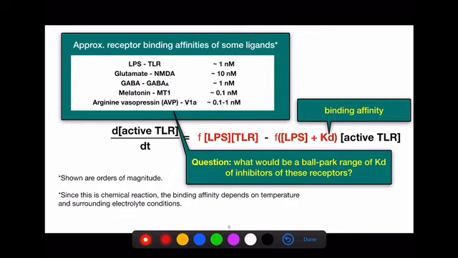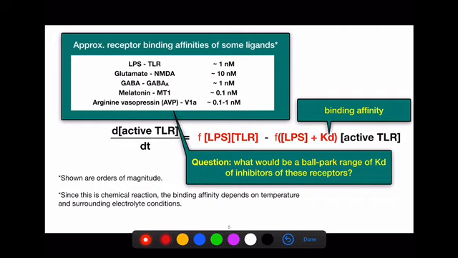In the case of AVP, also the binding affinity is high, between 0.1 to 1 nanomolar. So we have those ideas. The question is, what would be the ballpark range of KD of inhibitors of these receptors? You can go ahead and find out about it, but quite naturally you can say that if the inhibitor is competing against the actual ligand, and it must have a larger quantity to completely inhibit.